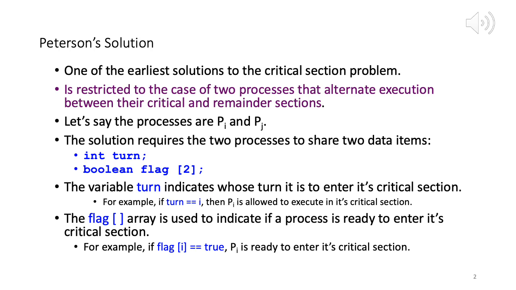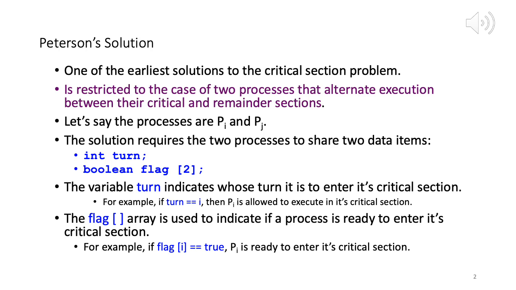So if a process has just exited its critical section, which means it will be in its remainder section, then that process cannot be allowed to enter its critical section for some time. So the processes which have not entered the critical section for a while obviously get higher priority. That's what we're saying.